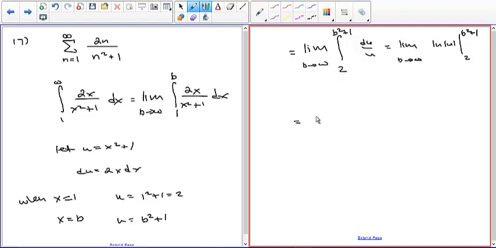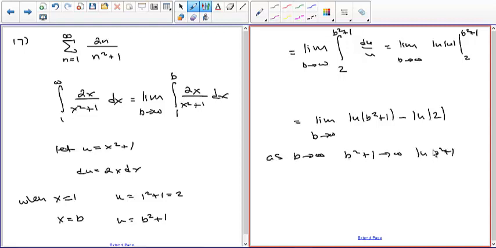So that is the limit as b goes to infinity of the natural log of the absolute value of b squared plus 1 minus the natural log of the absolute value of 2. But you can see as b goes to infinity, b squared plus 1 goes to infinity. The natural log of b squared plus 1 goes to infinity. So the whole thing goes to infinity. Therefore, it diverges.